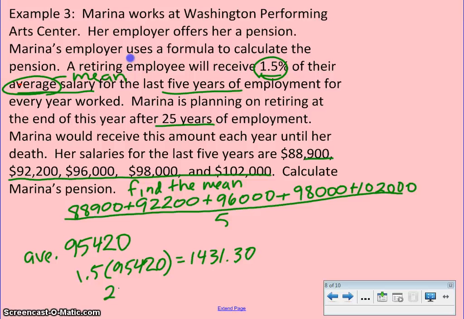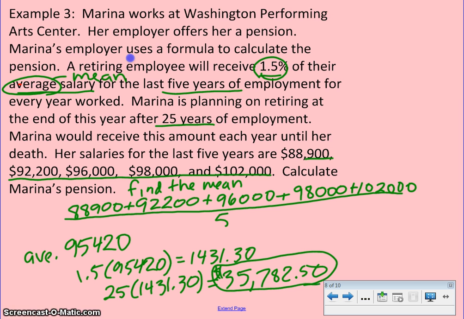Well, she worked 25 years, so 25 times the 1431.30 gives her a value of $35,782.50 is what Marina will get every year until her death.